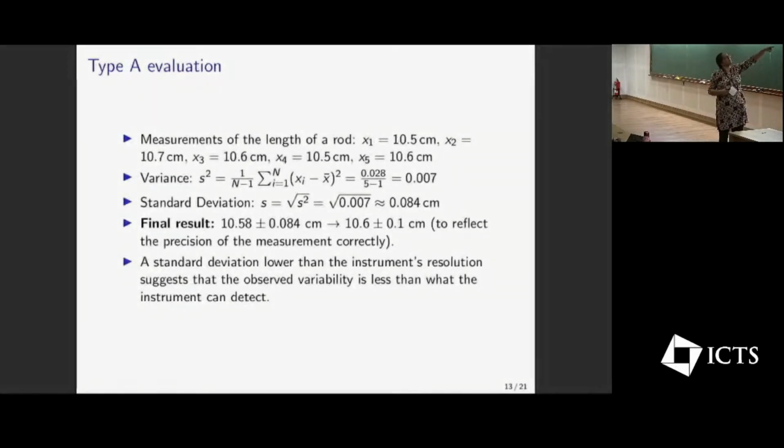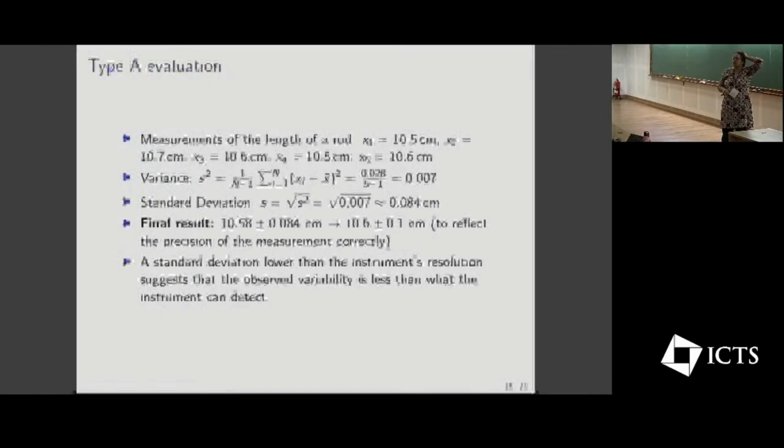Type A evaluation, I'm going to just quickly go through because all of you are very familiar with this. This is something that we do all the time. Let's imagine we are measuring the length of a rod and it turns out to be all of these different measurements, 10.5, 10.7, etc. We know how to calculate something called the variance, right? Has everybody learned variance in statistics?